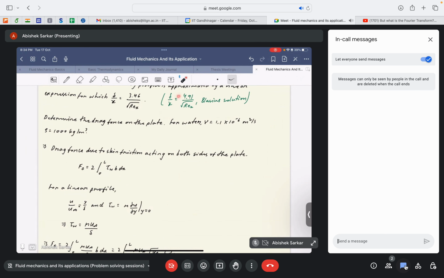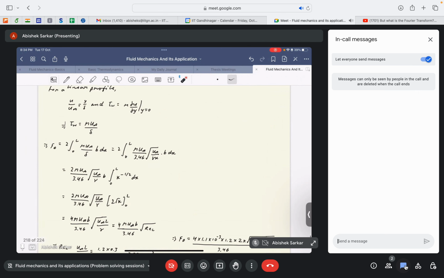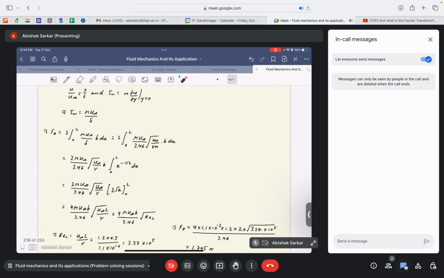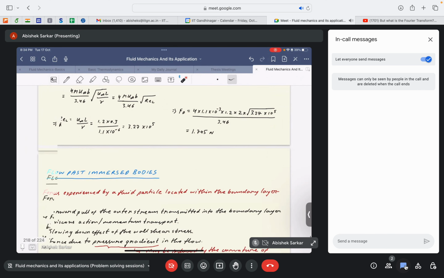Substitute this in this expression, then calculate the drag force and see whether there is a discrepancy in the value of the drag force. I know there will be a very high discrepancy. You can check that. It's a good exercise to get your concepts straight.